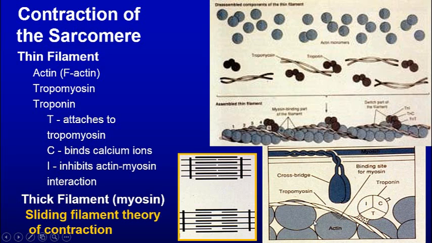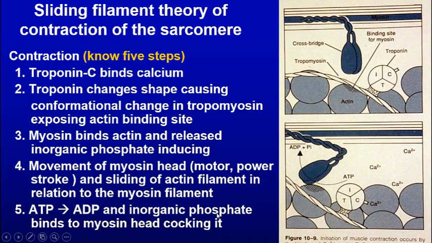And this is the sliding filament theory of contraction, that the myosin stays put and the actin slides. There's basically 5 steps to it. The troponin C, the C part, binds calcium, and it causes a conformational change in the troponin as well as the tropomyosin.